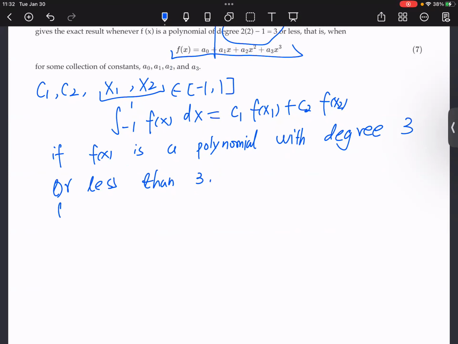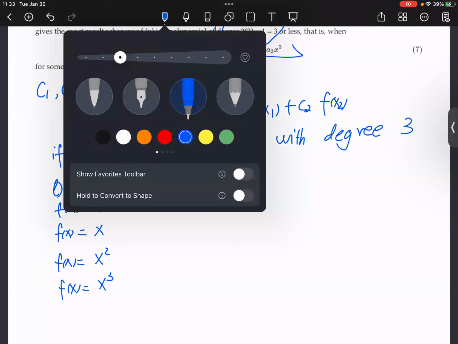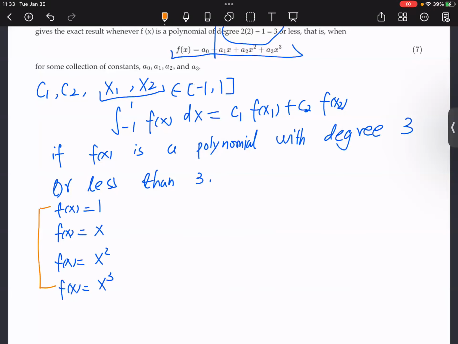Let's try f(x) equals 1, just a constant one, then f(x) equals x, f(x) equals x squared, and f(x) equals x cubed. Let's apply this quadrature rule to this set of functions, because these are the basis functions for polynomials with degree 3 or less: degree 0, degree 1, degree 2, and degree 3.